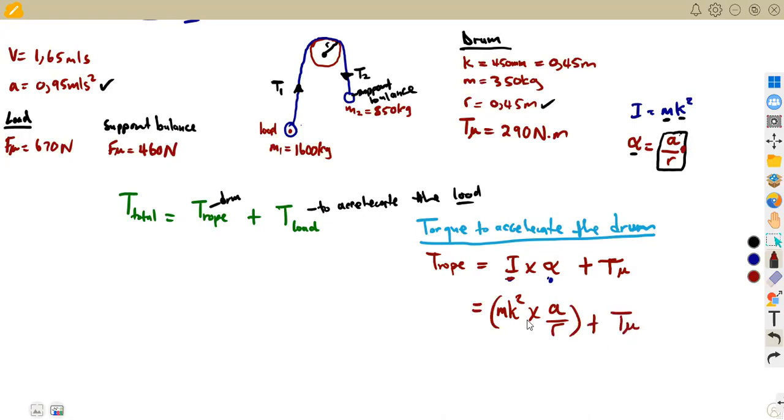All right, so that means we can have our answer for the torque that is affecting the drum. We have everything in this case. We are talking about the drum, so we use the mass of the drum, which is 350.